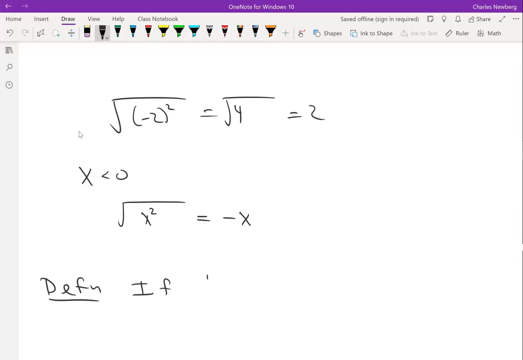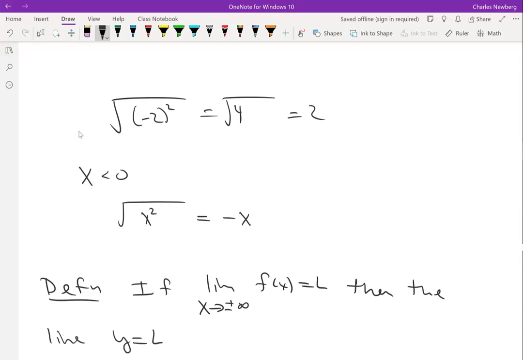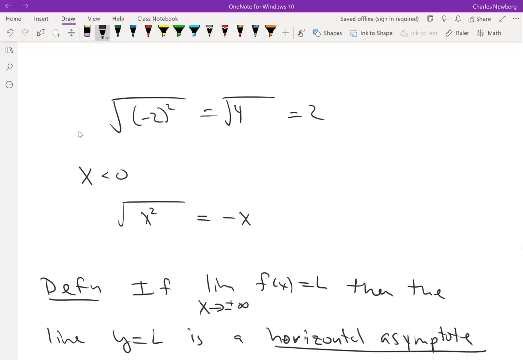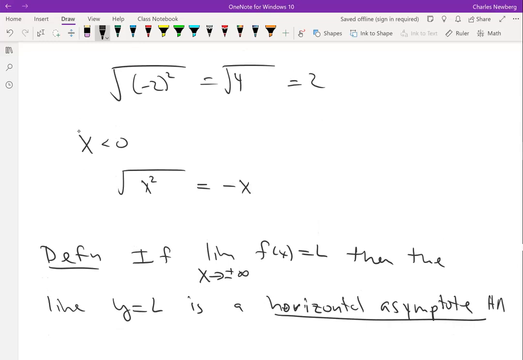If the limit as x approaches either positive infinity or minus infinity, either one, of f of x equals L, then the line y equals L is a horizontal asymptote, or simply an HA.